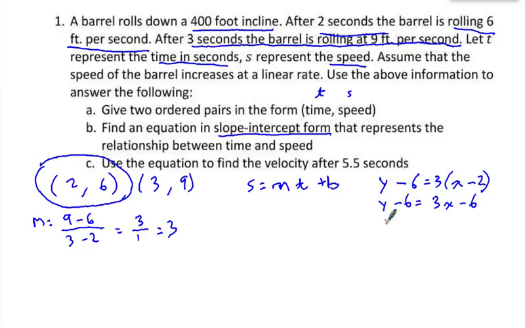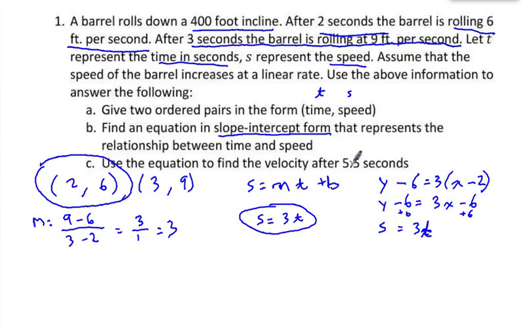Well, again, the s will be in the place of y, so we can say s now. We'll add 6 to both sides and have 3x. Well, the x is actually going to be t. And negative 6 plus 6 is 0. So in slope-intercept form, s equals 3t. Technically plus 0 for the y-intercept, but we don't need to write that. So this then would be the answer to part B.